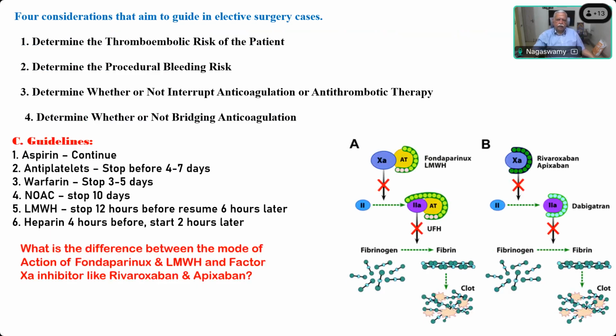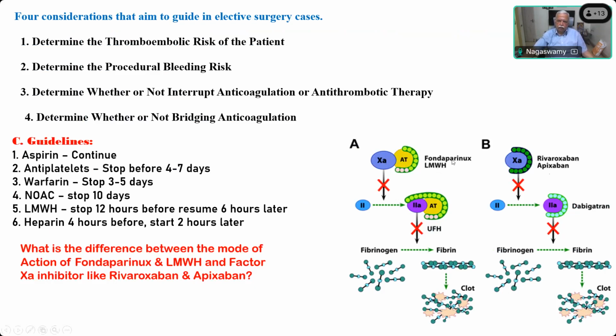The antithrombin attaches with the factor 10A and activates it, which is done by the drug bringing it, whereas rivaroxaban directly goes and blocks the 10A. So that is the difference. The factor 10A inhibitors directly attach themselves to the 10A protein and inhibit it.